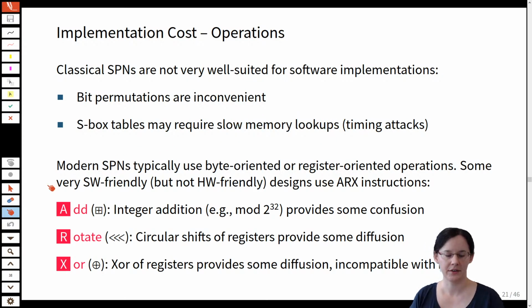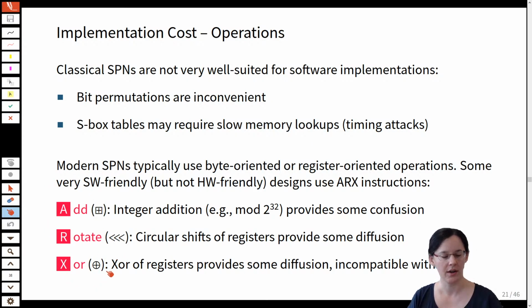So there is one main other implementation strategy that people use when it's more for software and less for hardware implementations, and that is the so-called ARX construction, where A is for addition, meaning integer addition modulo 2^32. R is for rotation. So all of these are operations on words. So here inside the ciphers, you typically have the state, for example, written as 32-bit words, and then you can simply apply the addition instruction to them, or you can apply a rotation instruction, or you can apply an XOR.